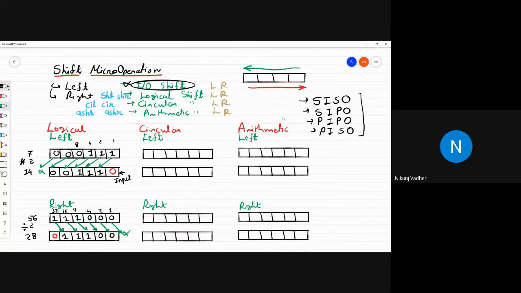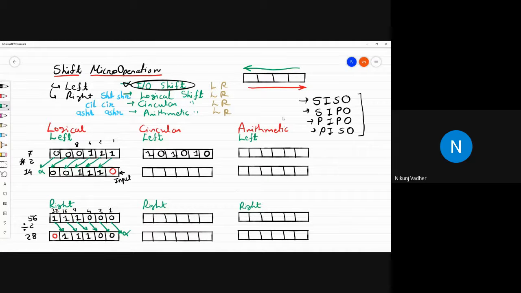Now let's have a look at the circular left and circular right. Let me write down some binary value, 101010. Previously here we were discarding the most significant bit or leftmost bit.